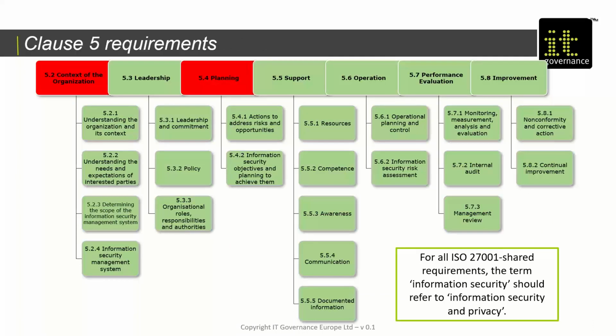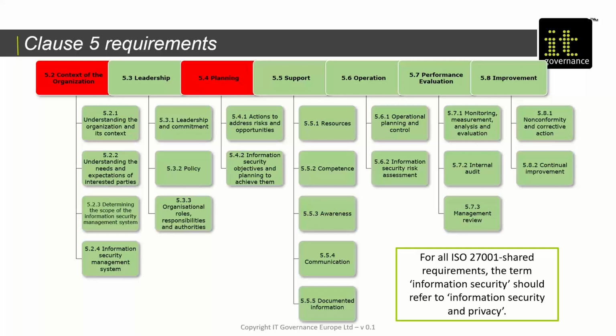So you can see on this slide that the requirements in clause 5 mirror the set of requirements in ISO 27001. So where clause 5.2 here of the PIMS standard refers to context of the organisation, this was clause 4 in the ISMS standard. Clause 5.4 in the PIMS standard refers to planning, whereas clause 6 in the ISMS standard refers to planning, etc. The items shown in red are where requirements additional to 27001 are specified.